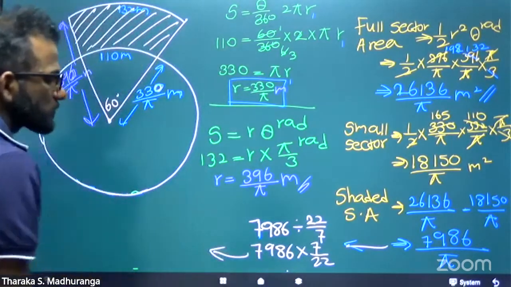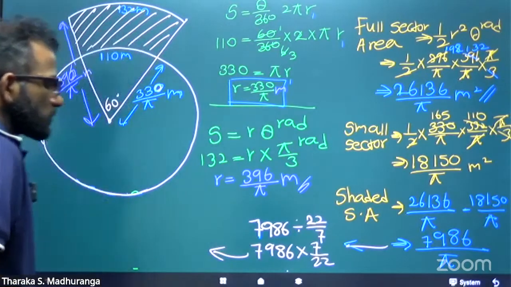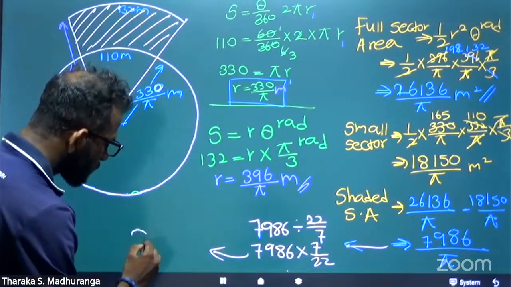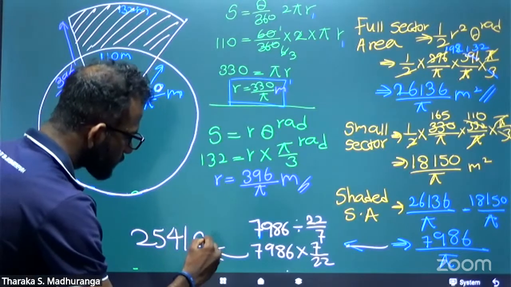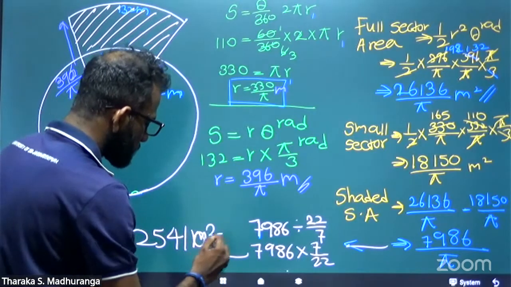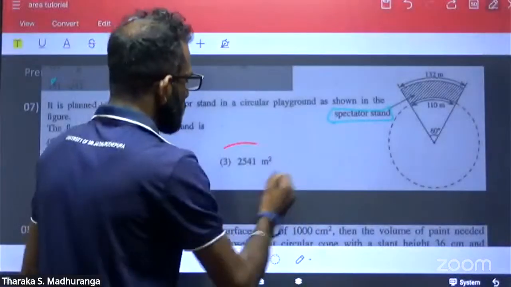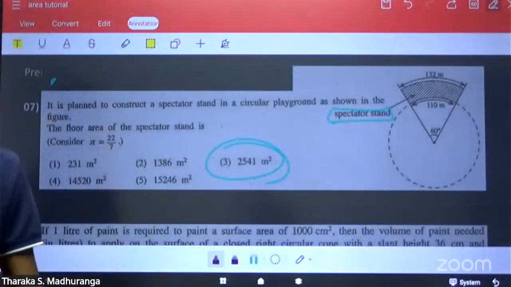Then you can get the value, 2,541 square meter, right? Answer number 3. Understood?